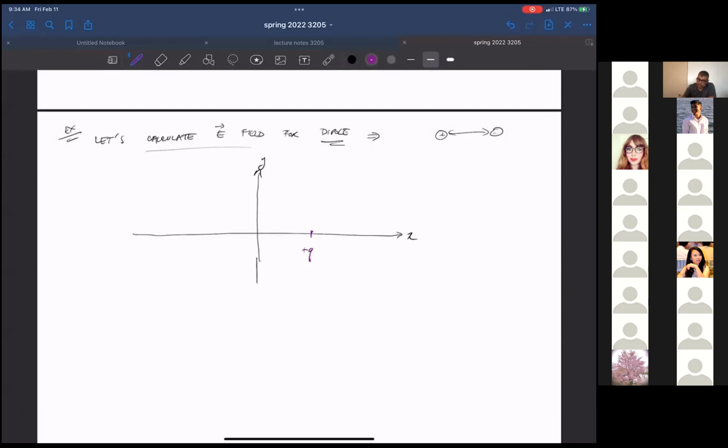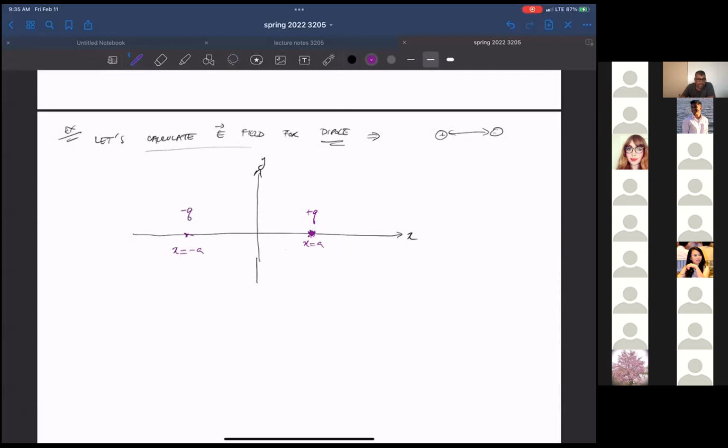At point x equals a, we put the positive charge. That's where it's sitting. And at point x equals minus a, I'm going to put a negative charge.